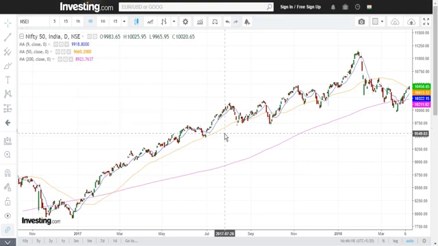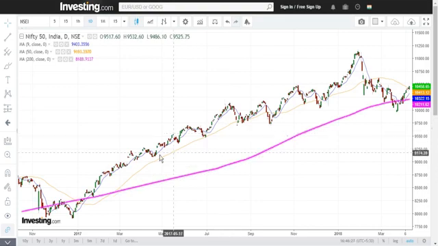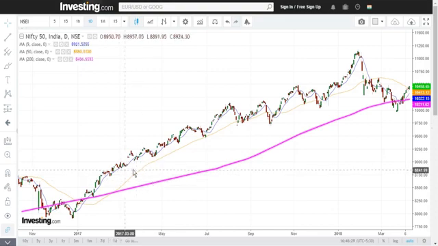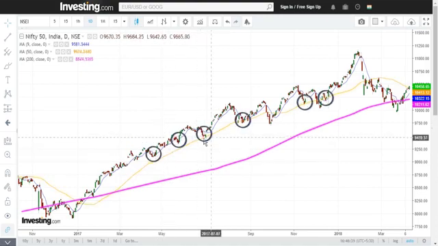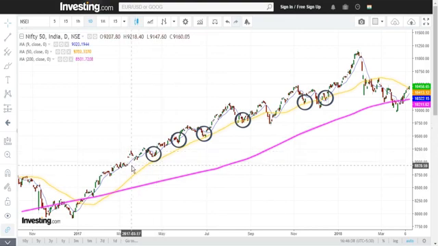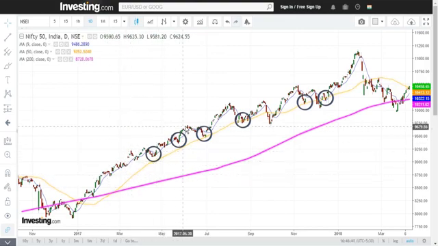Now, one important factor is that when price comes close to a longer term moving average, it is very significant. As we can see in the Nifty chart here, this is the daily chart, price came close to this 50-day moving average quite a number of times, but it didn't break and the price moved higher and higher.